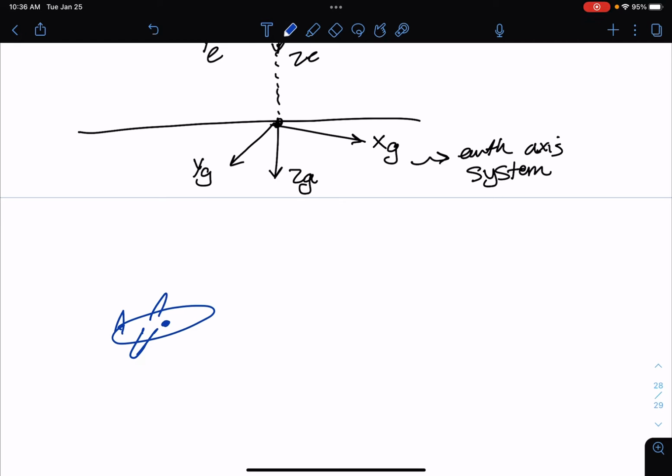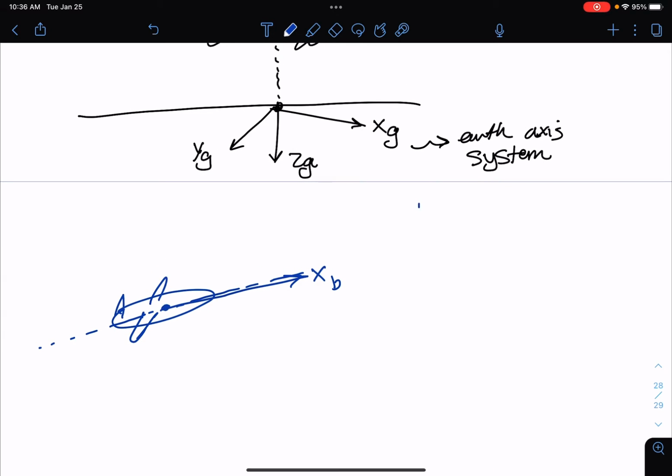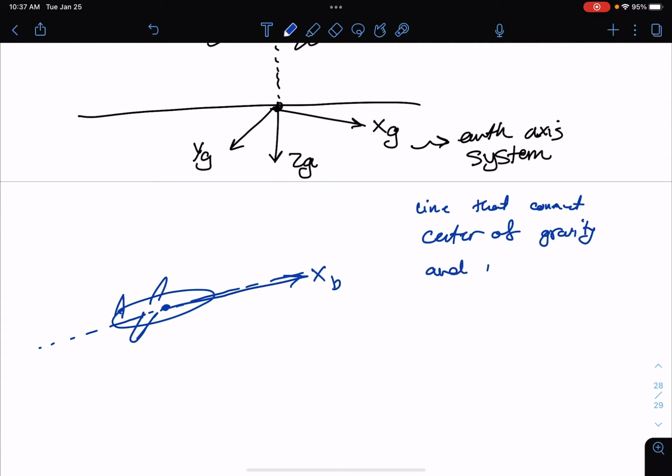Body axis system is a system in which the x direction sits on the chord line of the aircraft, essentially on the line that connects the center of gravity and the nose of the aircraft.